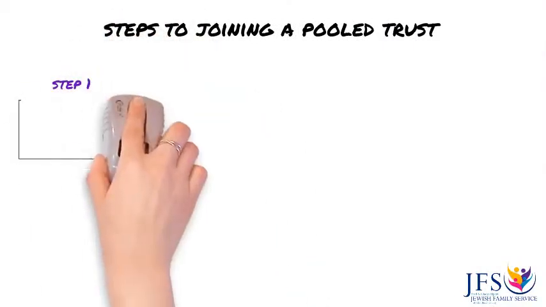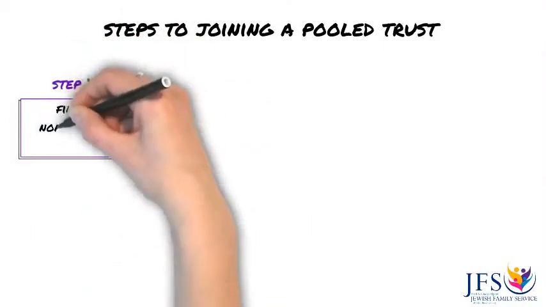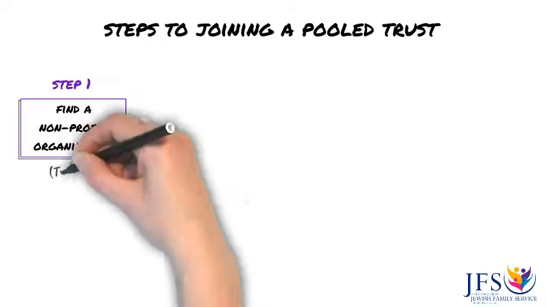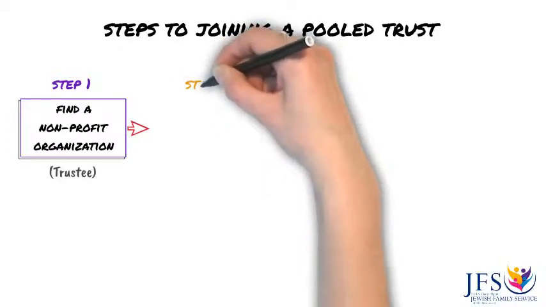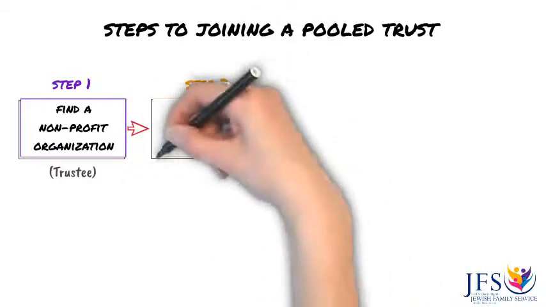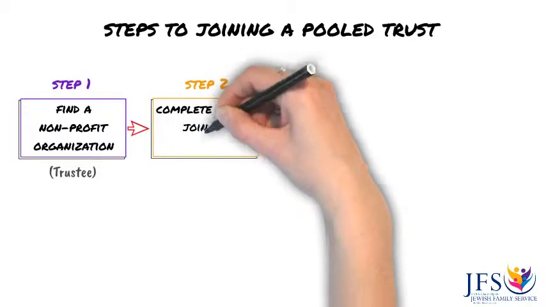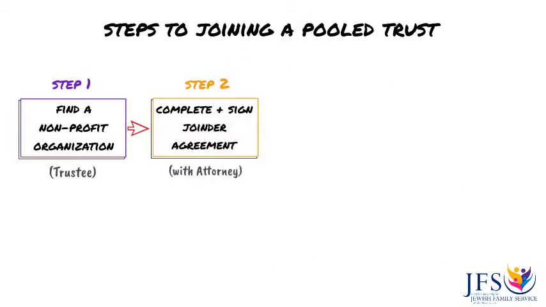Here's a recap of the steps to joining a pooled trust. Step 1. Find a nonprofit organization to serve as the professional trustee who will establish and manage the trust account. Step 2. Complete and sign a Joinder agreement, which an attorney will help to write up, and the person who joins the pooled trust is called the trust beneficiary.